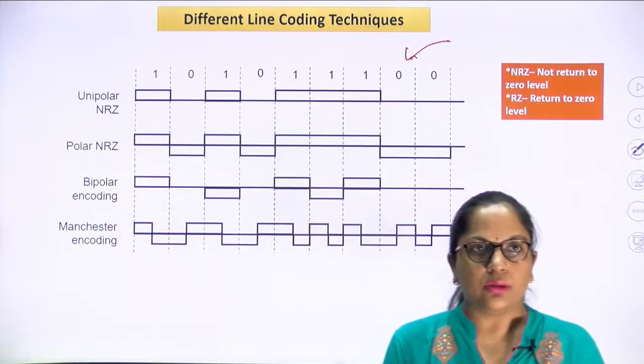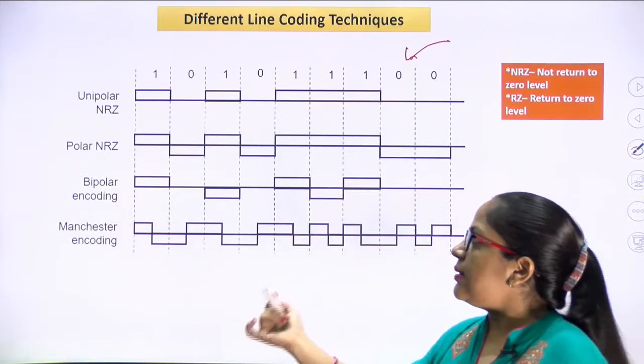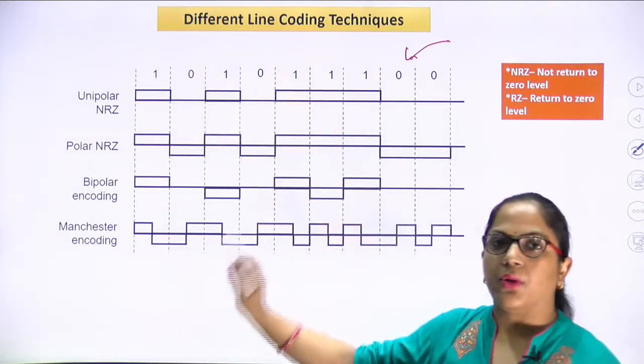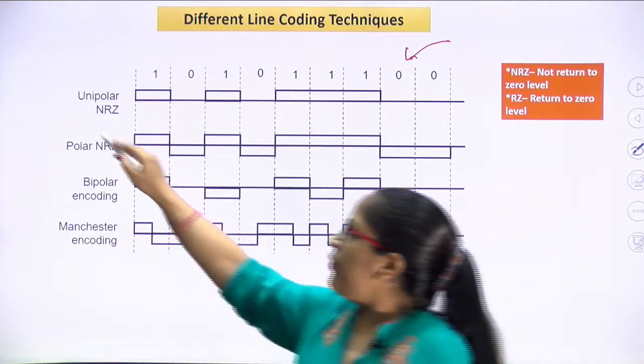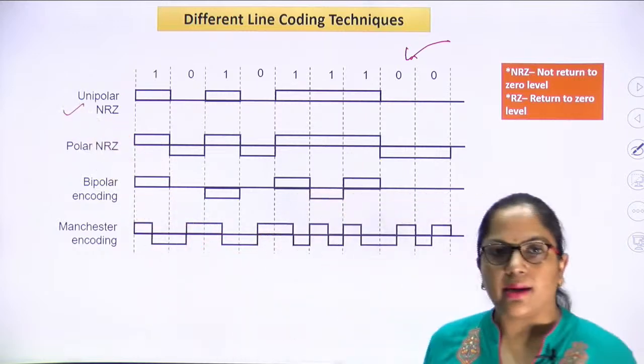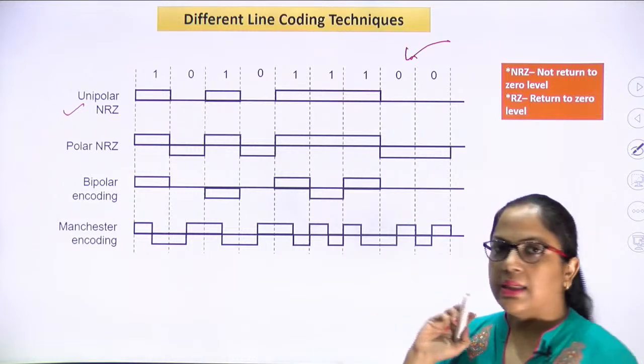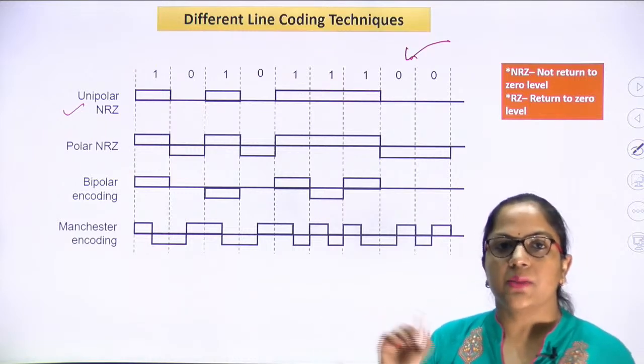So we are going to take an example of how we can represent our data as a signal with the help of these three techniques. The first one is unipolar NRZ. NRZ means non-return to 0. Unipolar means single polarity, uni plus polar.